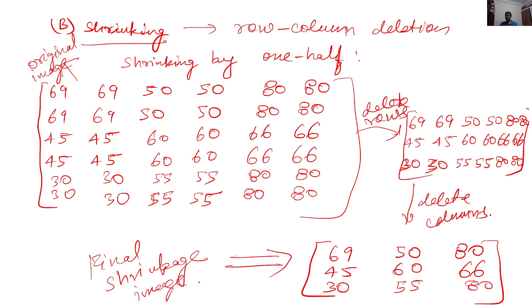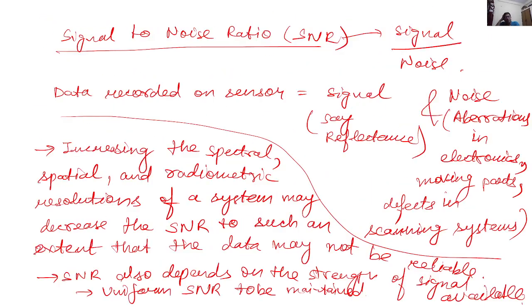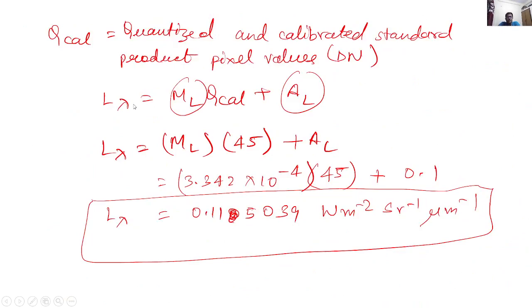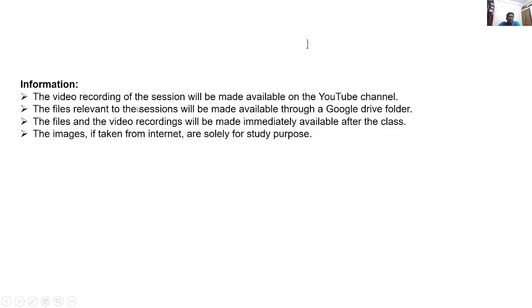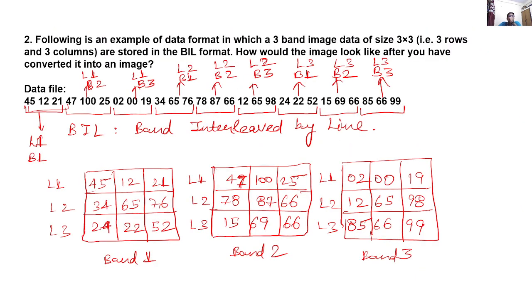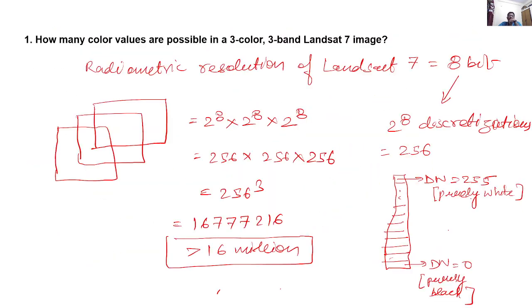This is the one. Okay, so this is it for the class, but I will just discuss what we discussed today in brief. The first question we discussed today was about the different color values in a three band Landsat 7 image.